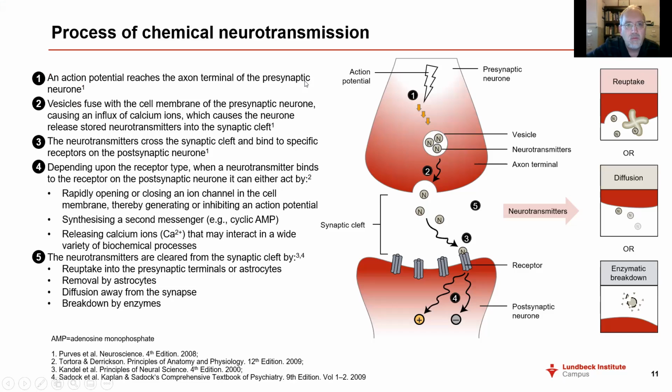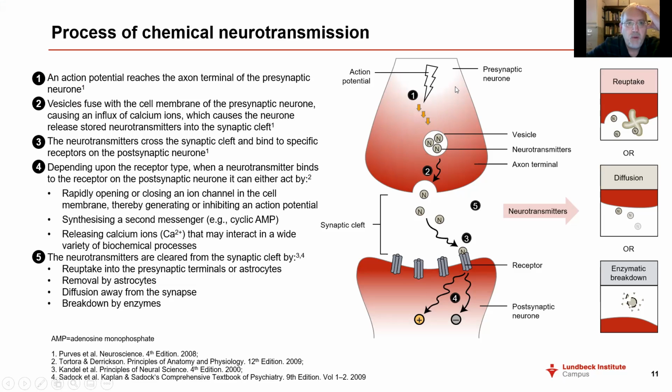The action potential reaches the presynaptic neuron, and the thing that really gets the action potential message flowing is calcium. So calcium is a big part of how neurons communicate with each other.